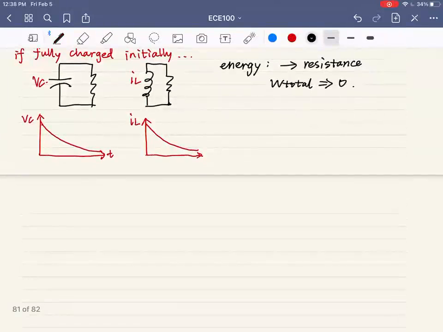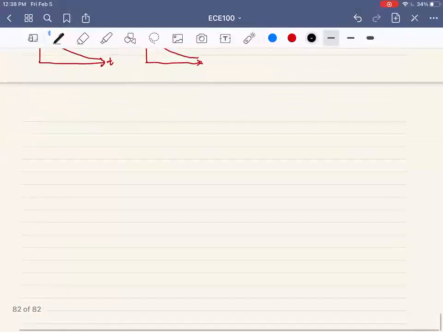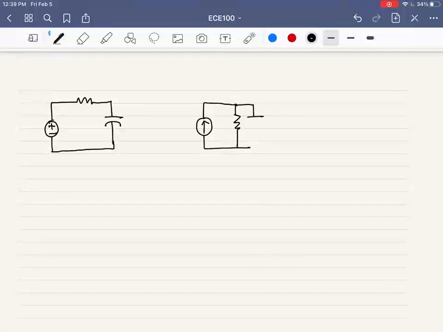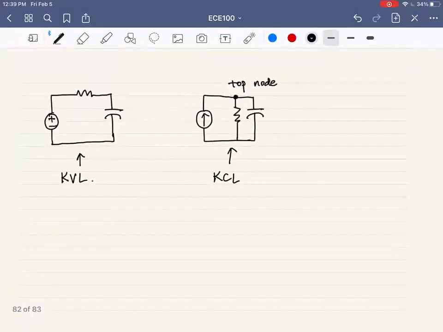And when we connect them with a source, things will be a little bit different. If it is a voltage source, for this, we usually write down a KVL function. For this, we usually write a KCL function at the top node. Let's try to write it down.